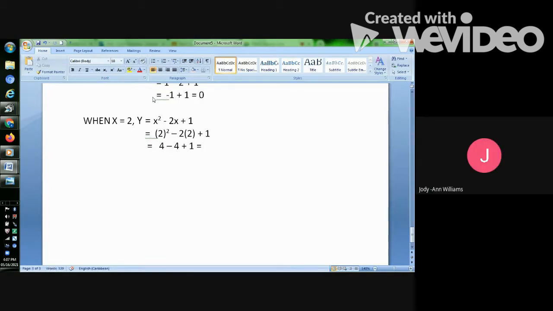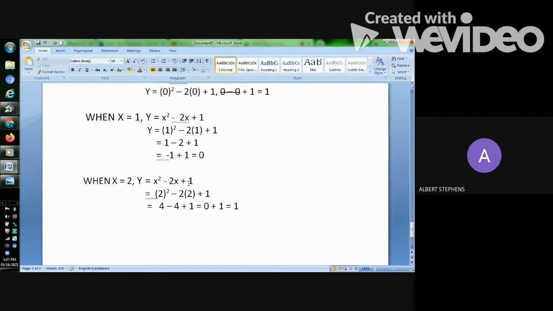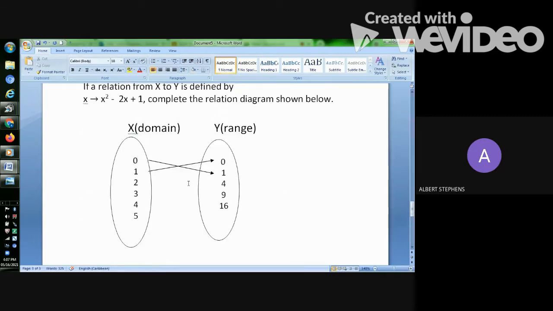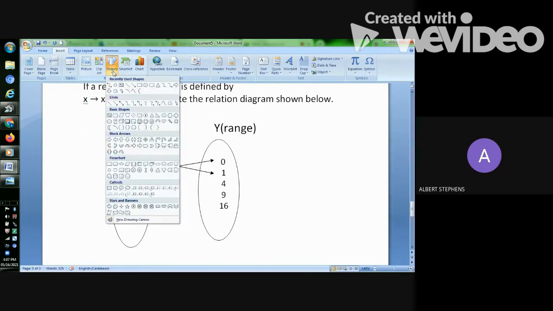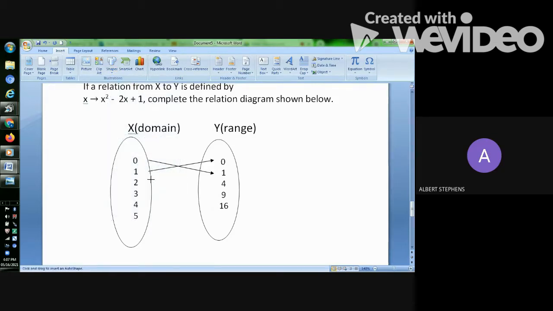So I have positive 4 minus 4, leaves me with 0, plus 1. Now y is equal to 1. So when x is 2, you get 1. All right. So then you go to the diagram. When x is 2, y is 1.